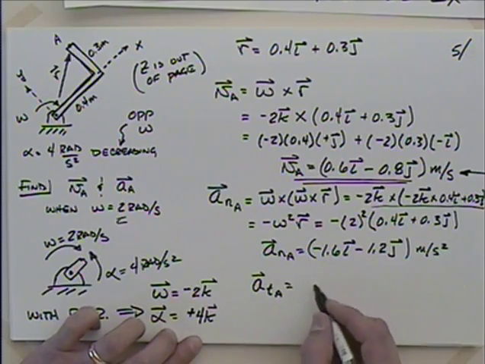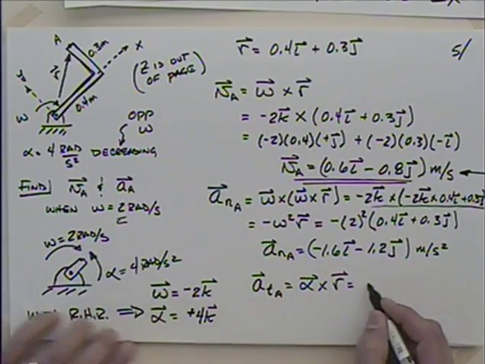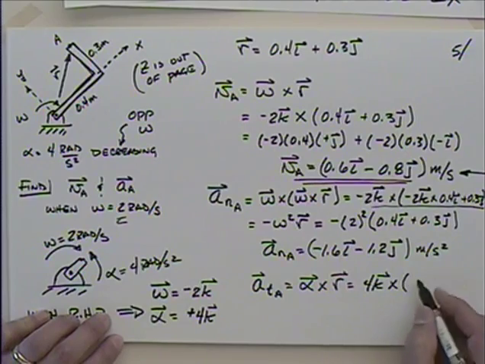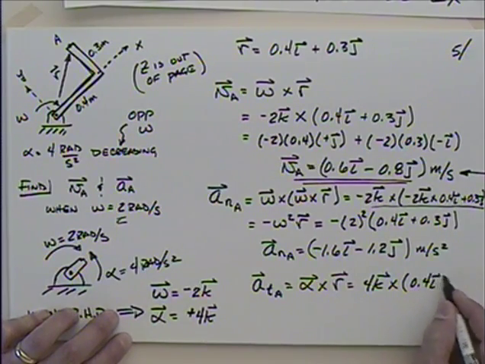Tangential acceleration is alpha crossed with r, isn't it? So what's alpha? 4 in the k, and I'm going to cross that with r, which is 0.4 in the i direction plus 0.3 in the j.